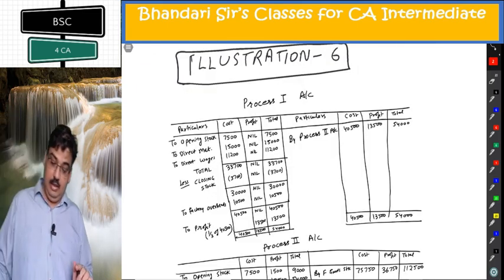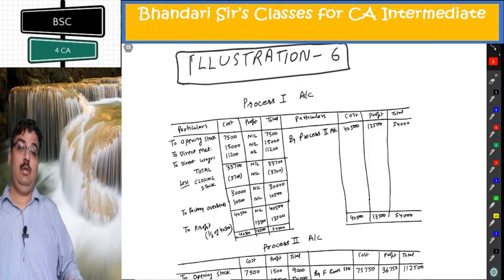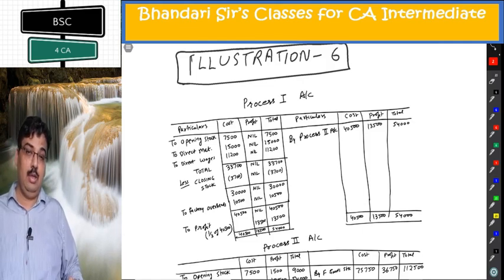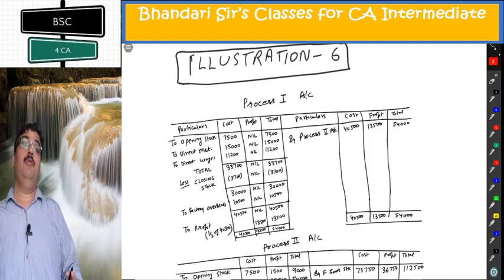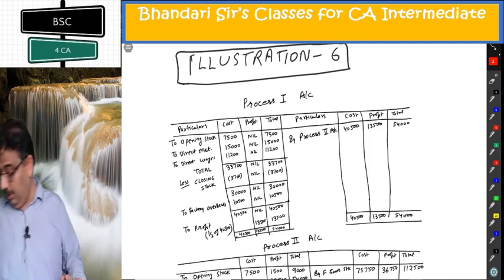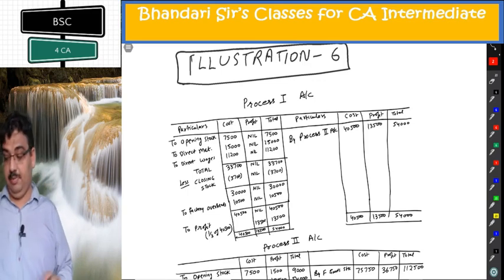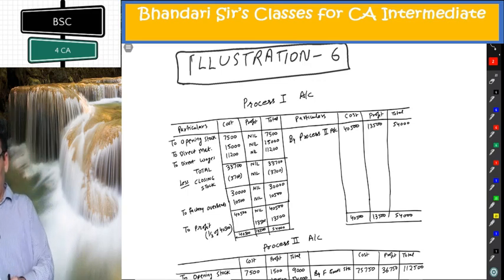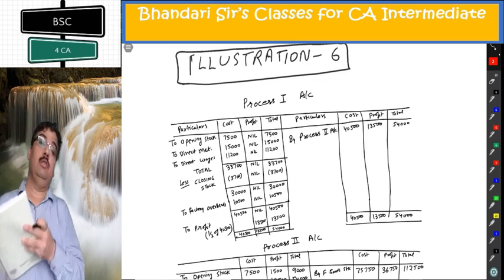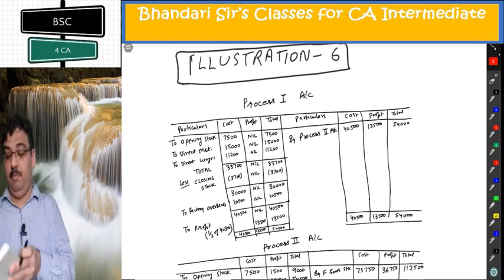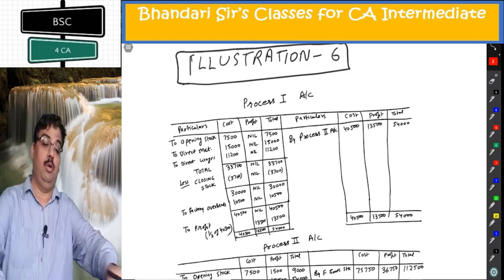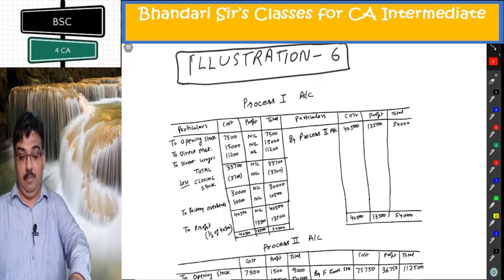Lastly, I am discussing illustration number 6 of your institute module. That is the only question given for inter-process profit, so concentrate on this because there are two processes and one finished goods stock, all to be created with the help of inter-process profit concepts. The question tells me output of process 1 is transferred to process 2 at some profit, and process 2 is transferred to finished goods stock at some profit.